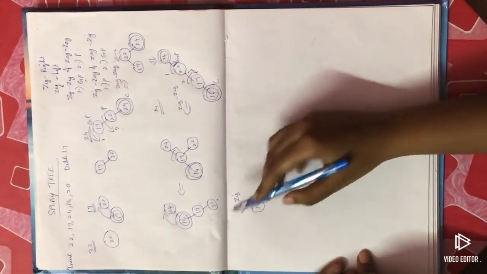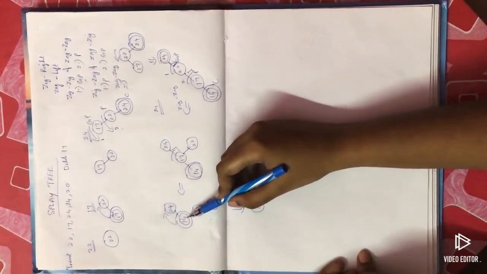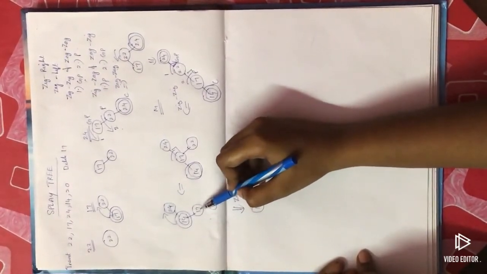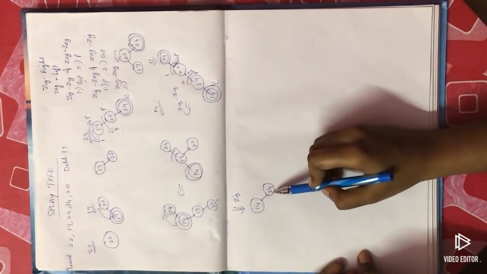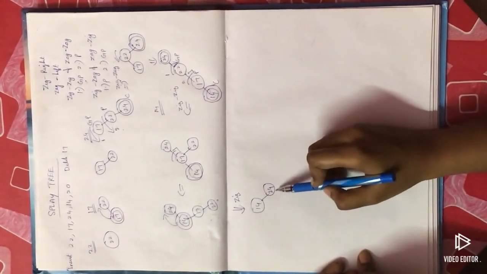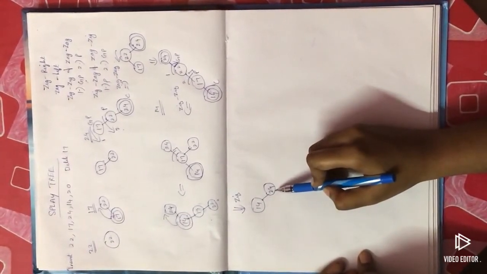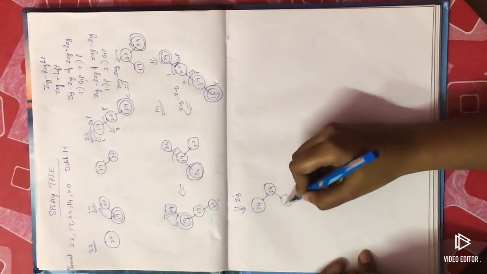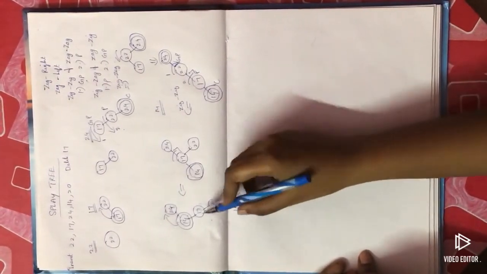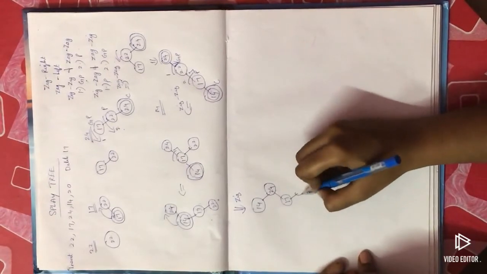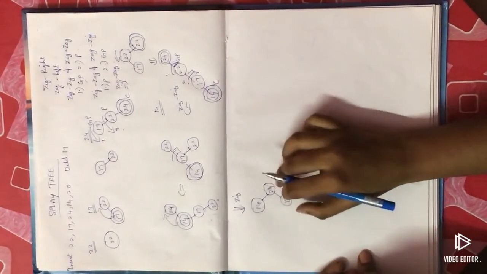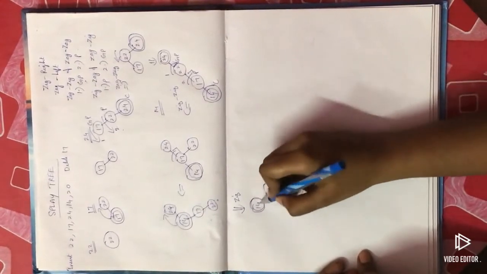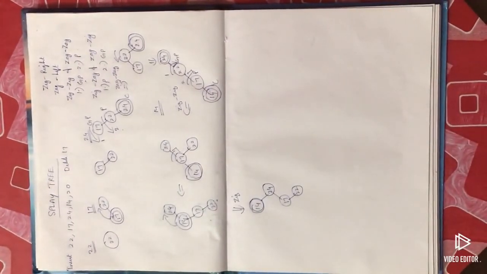Listen properly, here you will make the mistake. At the right of 14 what is there? 17 and 22. So at the right of 14 what is there? 24. Now compare 17 and 24. 24 is greater, so at the left side of 24 we will write 17. At the right of 17, 22 is there. Like this some mistakes will be done, so you have to check this properly. Now 14 is splayed to the root element.